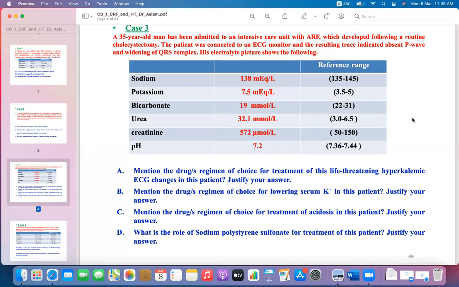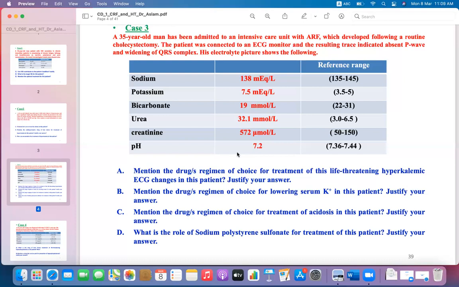His electrolyte picture shows the following: sodium 138, normal; potassium 7.5, increased, we can say it is hyperkalemia; bicarbonate normal; urea 32, yes, increased; creatinine 572, increased; and pH is 7.2.